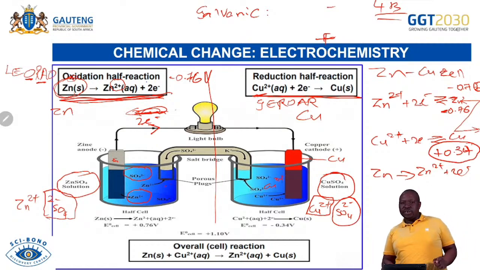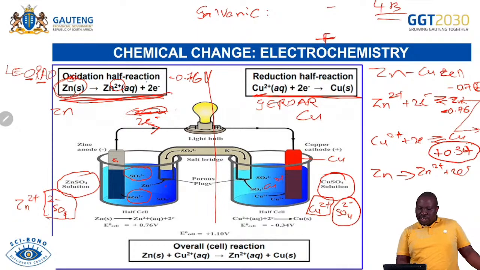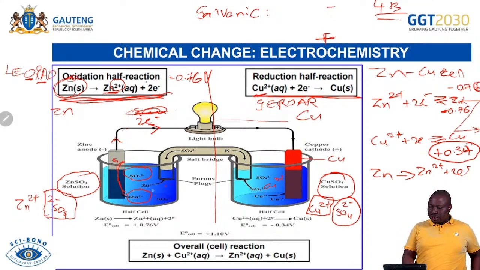But let's talk about zinc first. When zinc loses electrons, it must be decreasing in mass. Remember, it loses electrons, the electrons are leaving, they're going this side. Here, zinc is becoming zinc 2+. So you will expect that this solution will increase. So the concentration of the electrolyte will increase, which means zinc sulfate will increase.